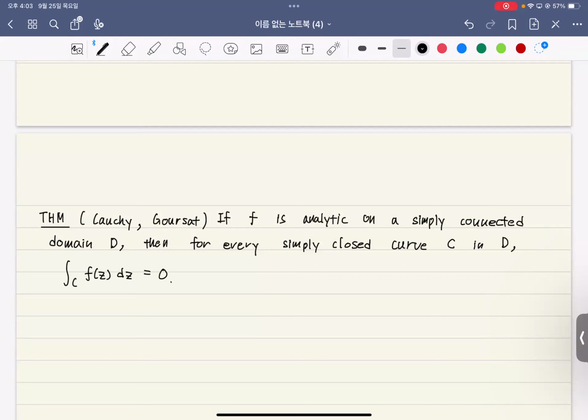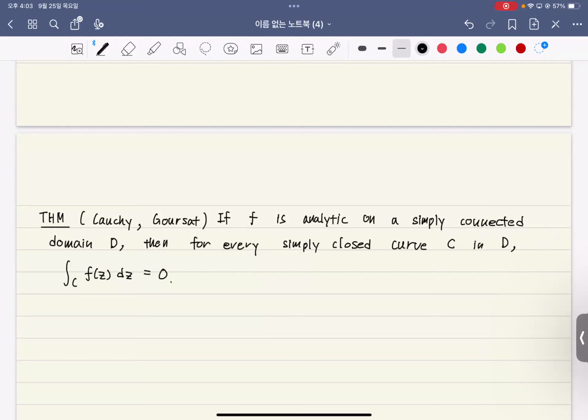In order to celebrate Professor Goursat, we name it the Cauchy-Goursat theorem. And as you can clearly see from the statement, we have now dropped the hypothesis of continuous differentiability.